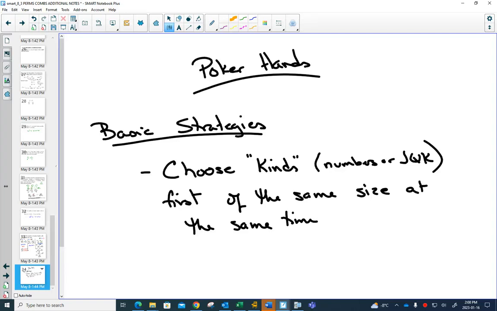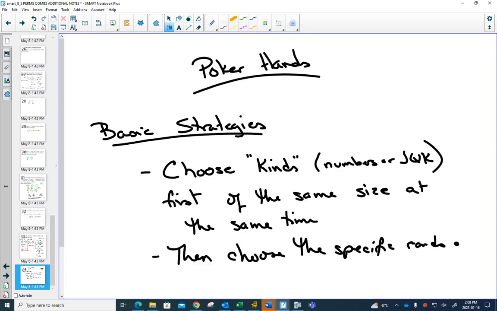This is going to be confusing at first, and then we'll see our examples, and then these words will make sense. So we're going to choose kinds, that's either your numbers or jack, queen, king, of the same size at the same time. Then we're going to choose the specific cards of that kind.